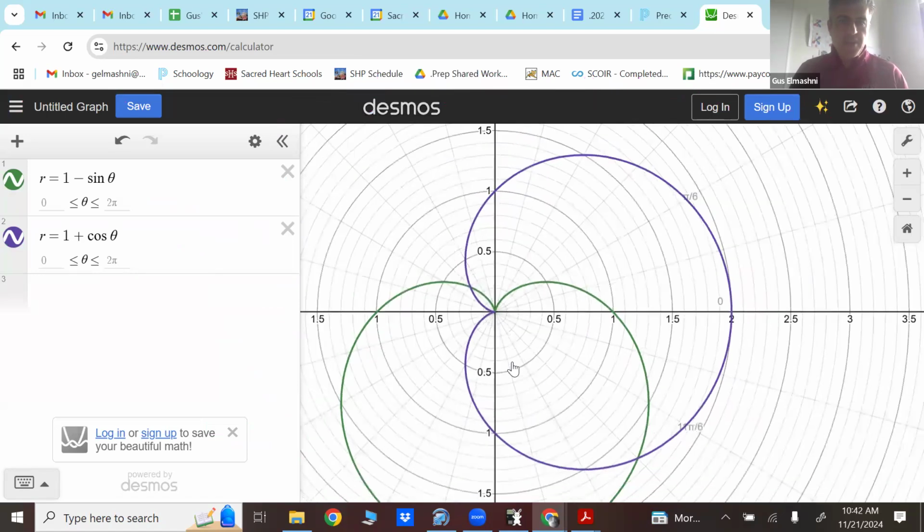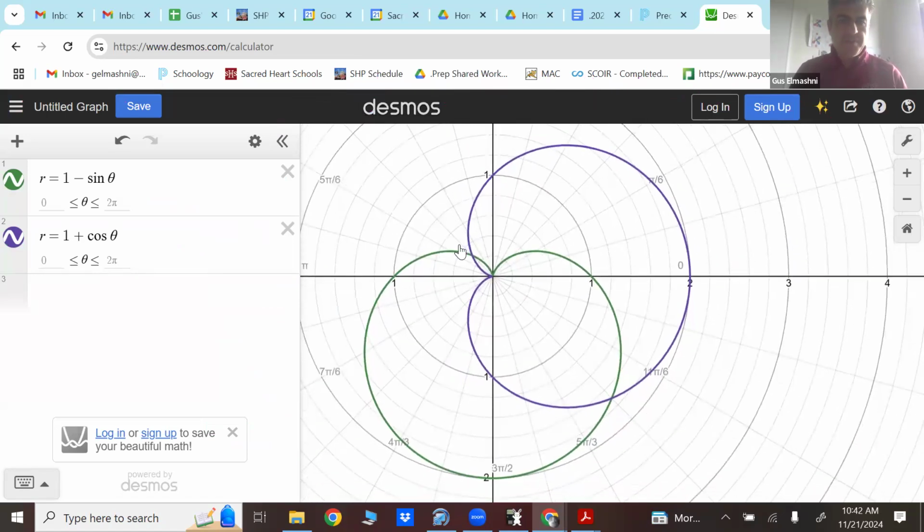So when we look at the graph, they do intersect at the pole. This happens at 0, and that happens at 0, 3 pi/2.